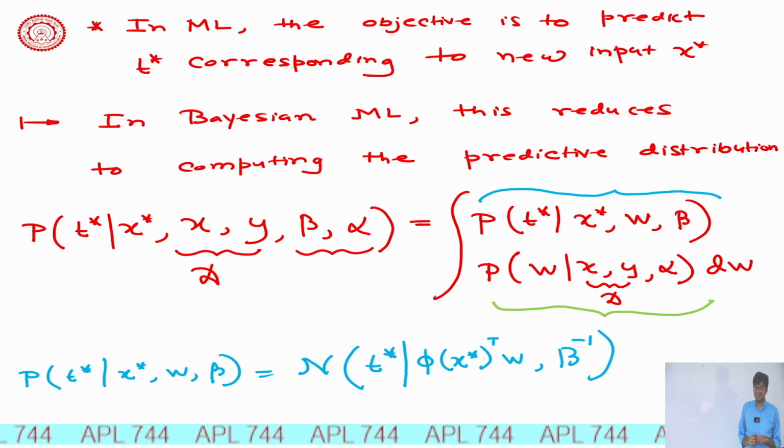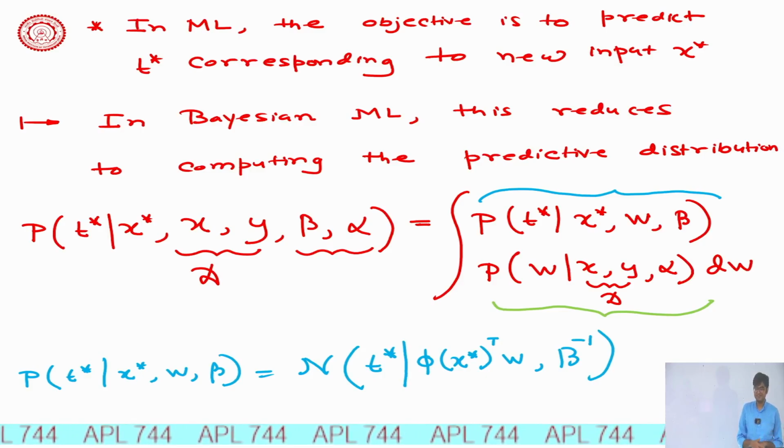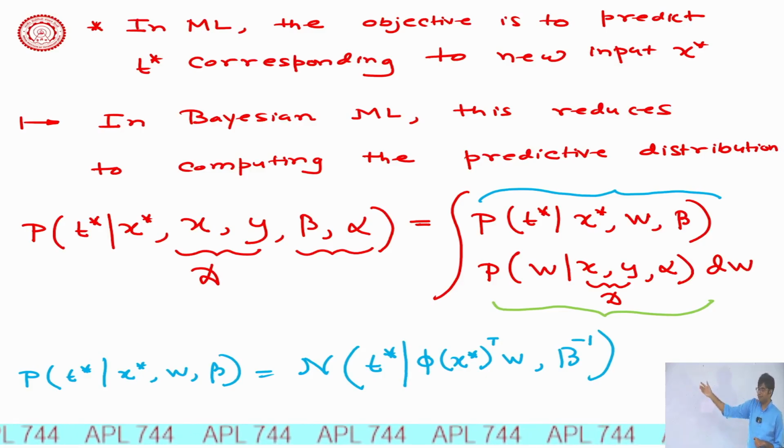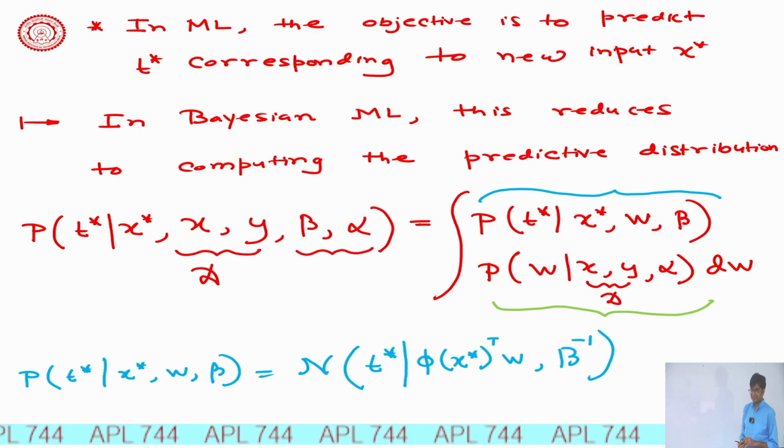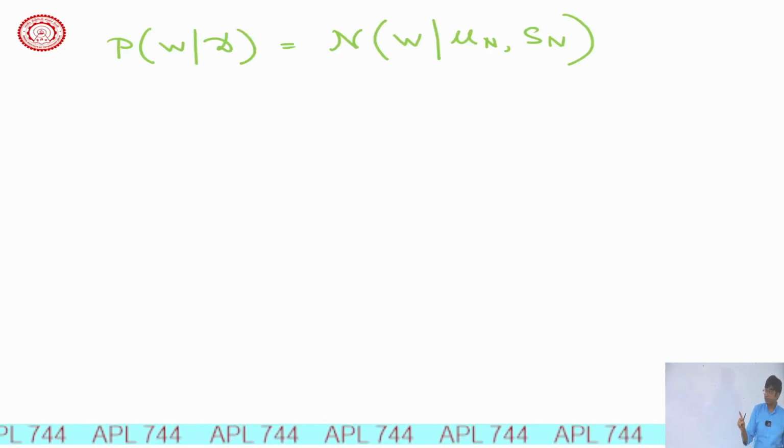Gaussian, and that comes again from a simple proof actually, that convolution of Gaussian over Gaussian gives you a Gaussian, because this is a convolution integral. If you remove the conditional part, you will realize it is nothing but the convolution integral, and convolution of a Gaussian with respect to another Gaussian yields a Gaussian. Okay. Now, I have not yet told you what are the parameters, we have to derive that.